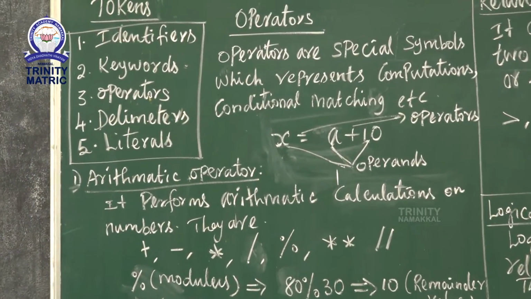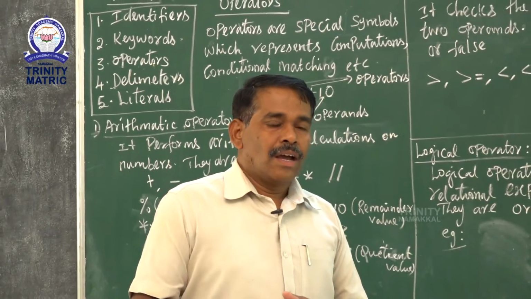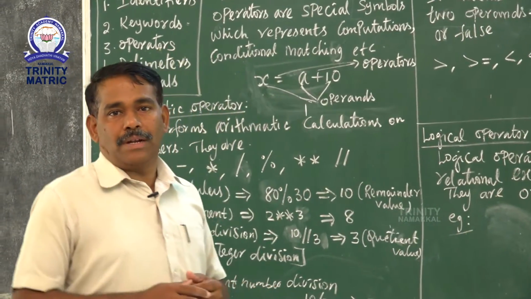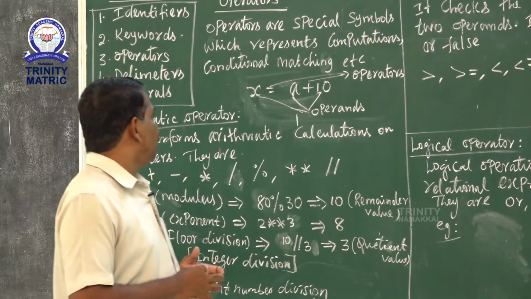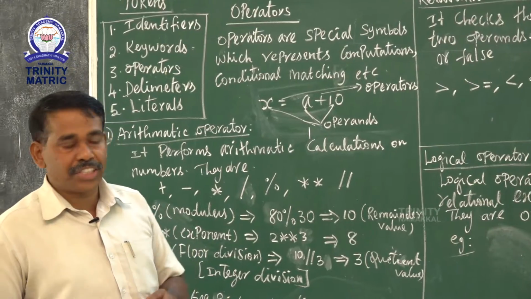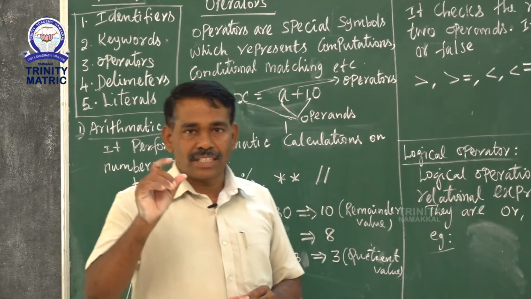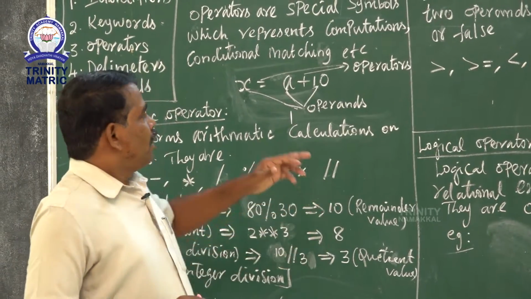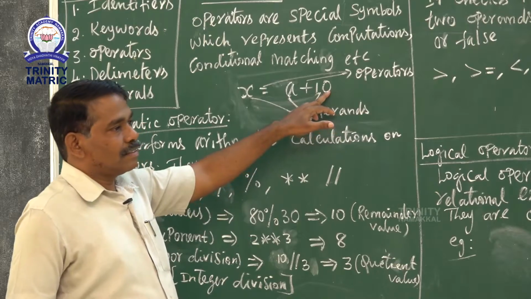Then the third one, operator. So what is an operator? It's a simple thing. An operator is a symbol or combination of symbols, a special symbol, which represents computation or conditional matching. I'll give one example: x = a + 10.